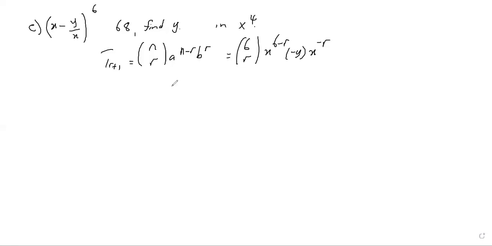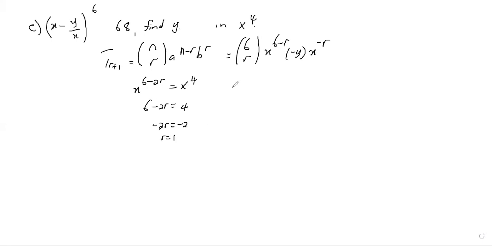At this point, we will say we want x to the power 6 minus 2r to be equal to x to the power 4. So that 6 minus 2r is equal to 4. And so we'll have minus 2r is equal to minus 2, so that r is equal to 1.